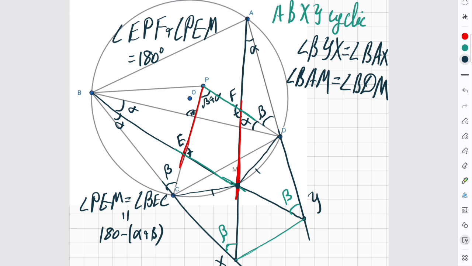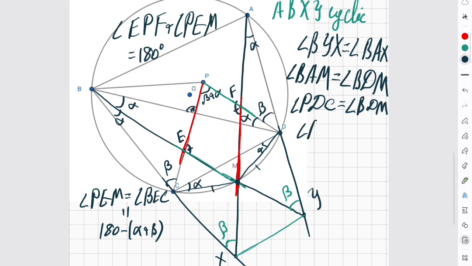And both angles CBM and CDM subtend the same arc. That is why angle CDM will be alpha here. Also angle DCM. That is why we can say that angle PDC is equal to angle BDM.